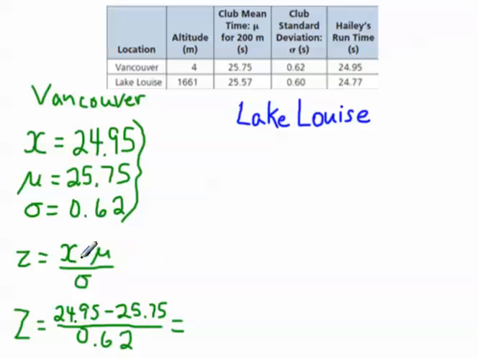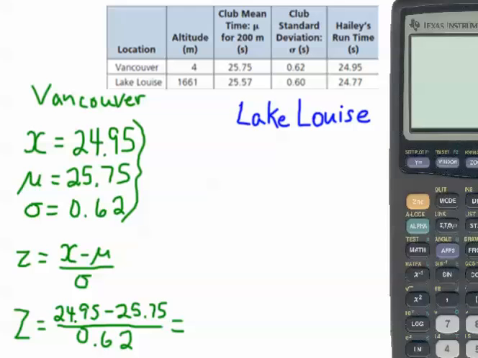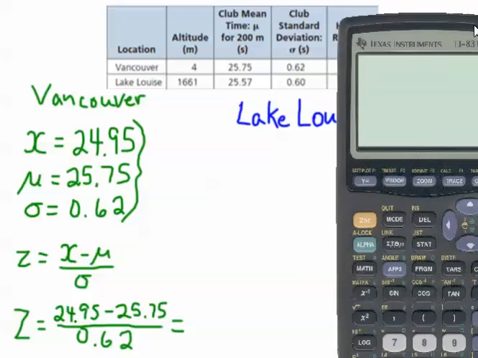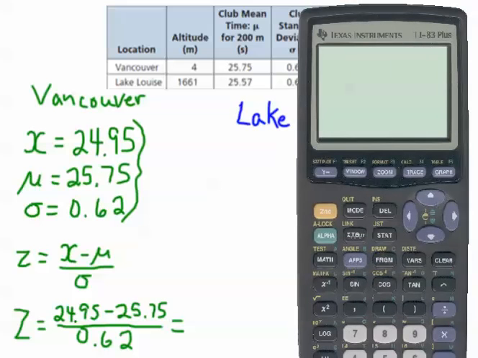The formula is the data value, subtract the average or mean, divided by the standard deviation. So our numbers are 24.95 minus 25.75, and that of course will give us a negative value, because you're subtracting a bigger number from a smaller number. And then we divide by 0.62.